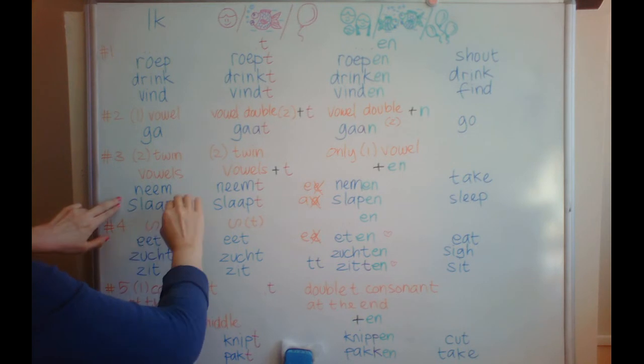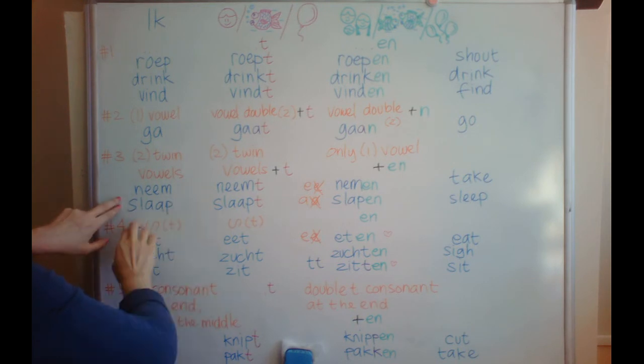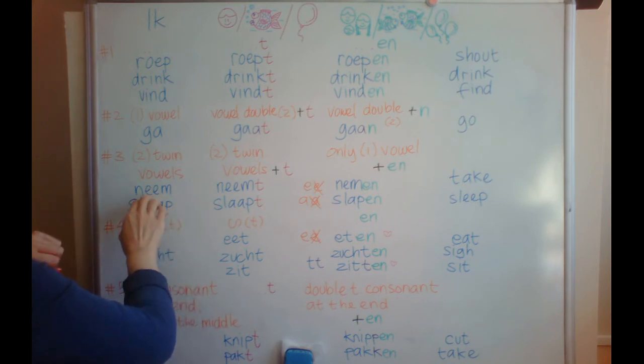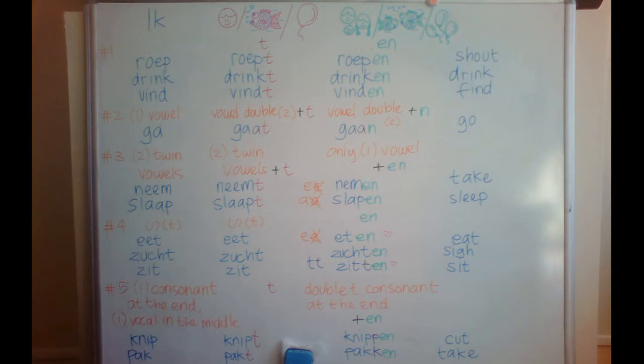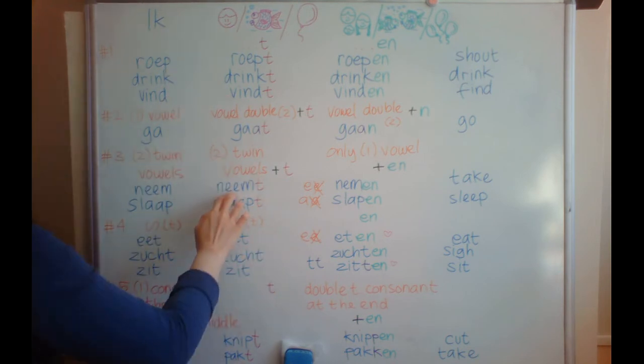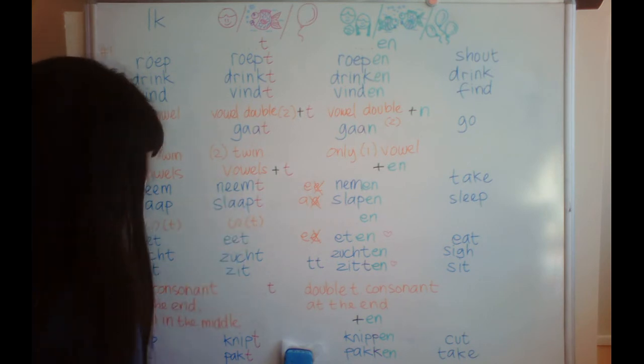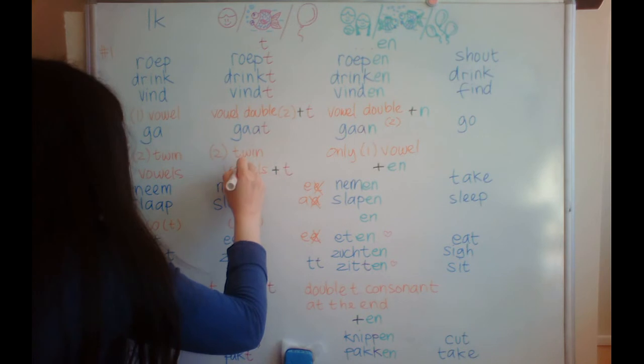It has 2 consonants at the front and 1 consonant at the end. With 2 twin vowels, when it becomes a subject that consists of 1, it's still twin vowels, and then you just have to add the t.